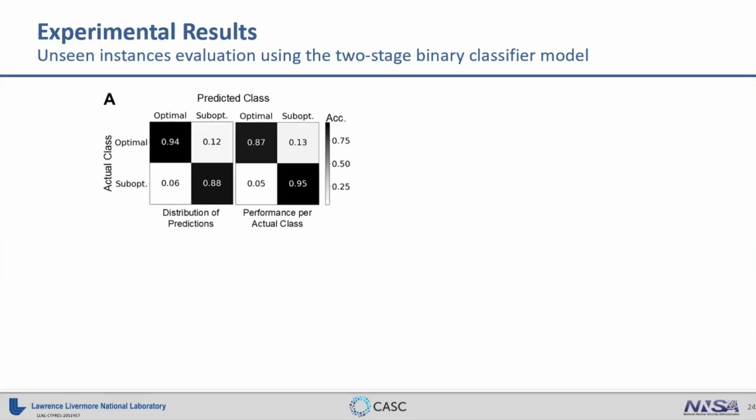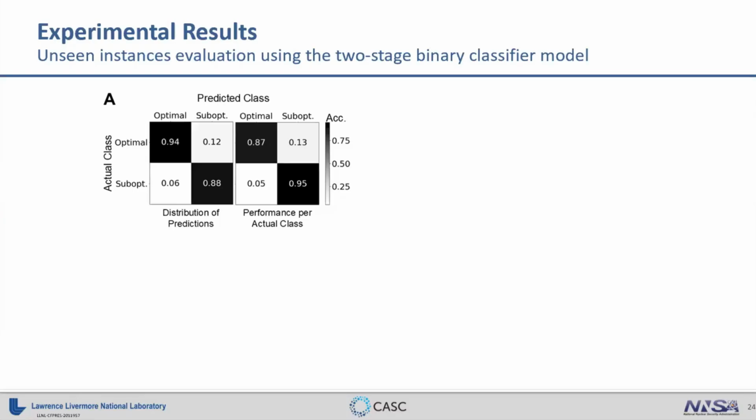The columns contain values for predicted classes, and rows contain the actual or truth classes. Starting with the matrix on the left, this matrix is column normalized, showing the distribution of predictions. And this shows the model's performance in avoiding false positives, or precision.